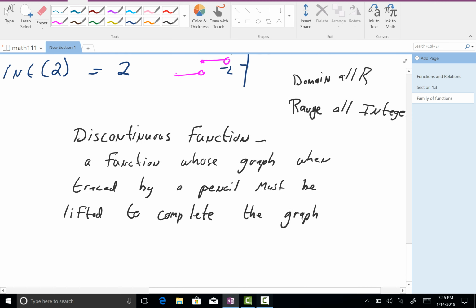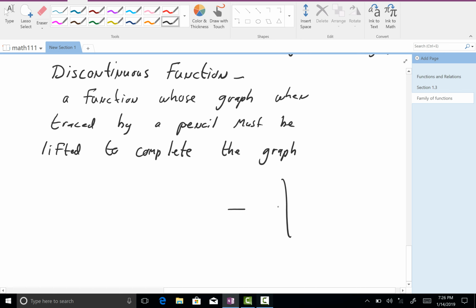That's not a mathematical definition by any means, but it's basically what happens here.